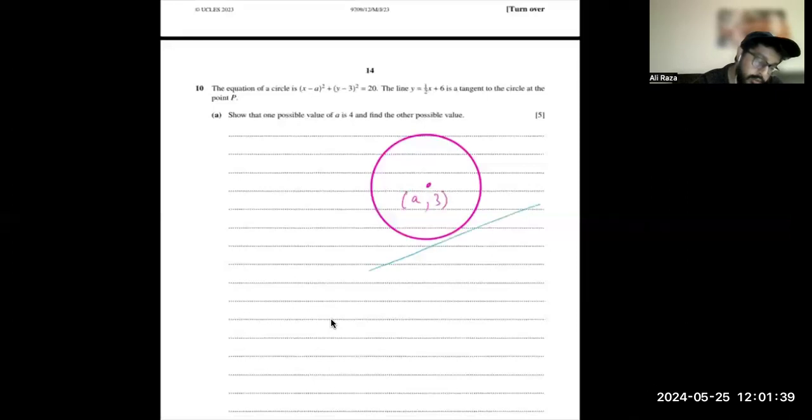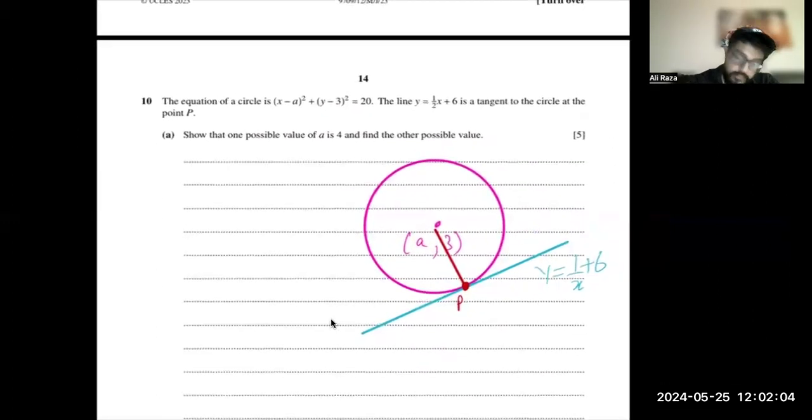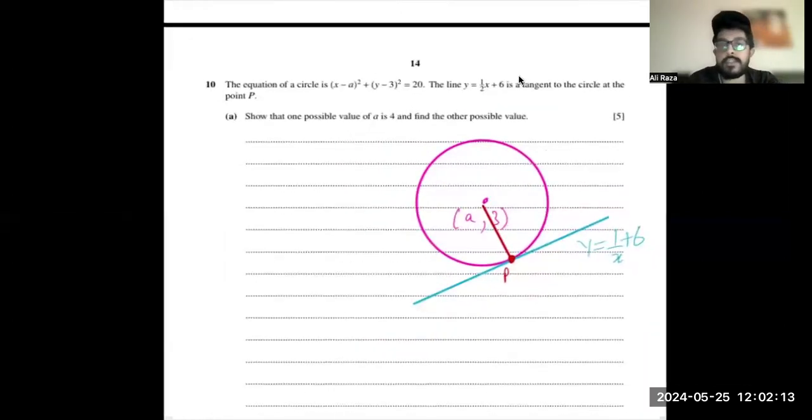We can draw a tangent over here, and if we equate these two equations, we can find the possible coordinates for P.